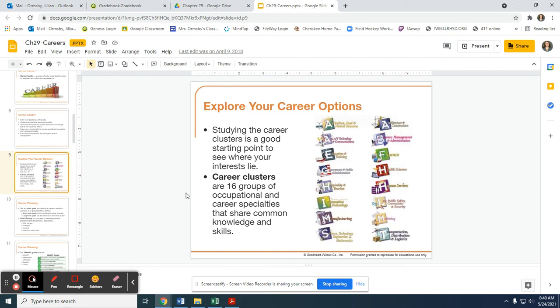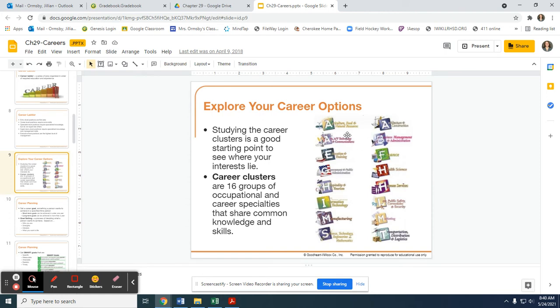So, there's 16 different career clusters, and career clusters are 16 groups of occupational and career specialties that share common knowledge and skills. So, you should begin investigating what career cluster you want to go in and begin studying, and that will qualify you for a whole host of different jobs.